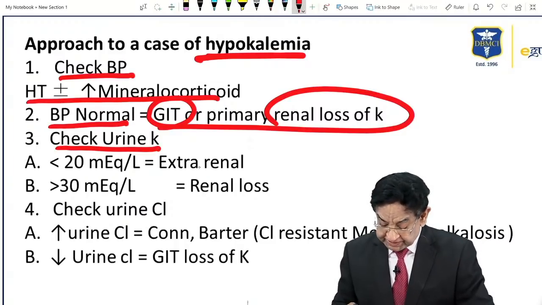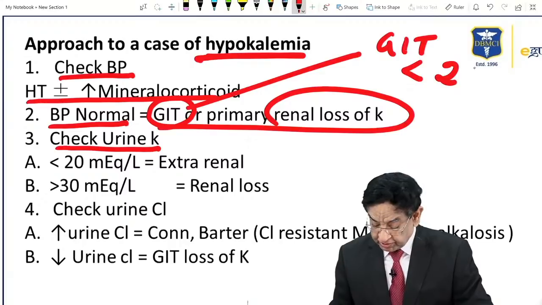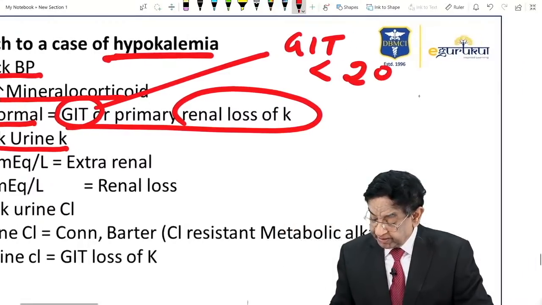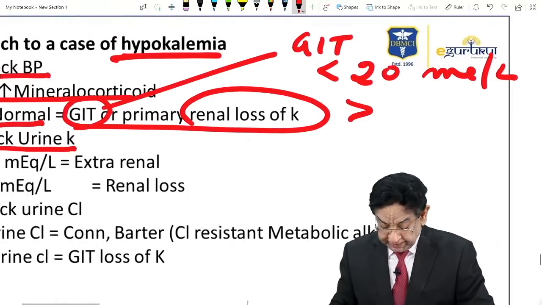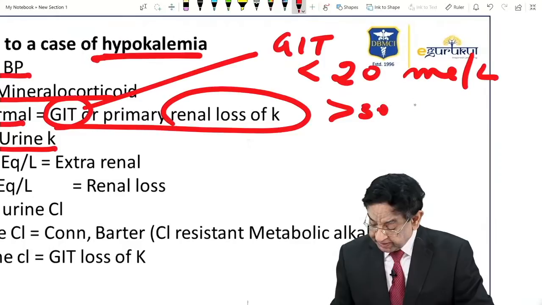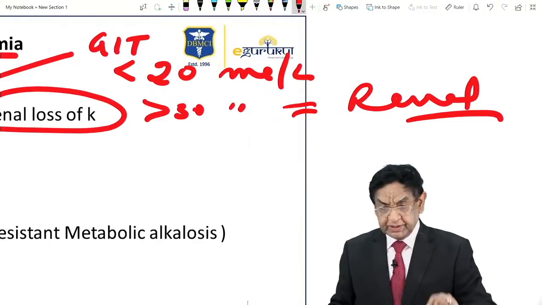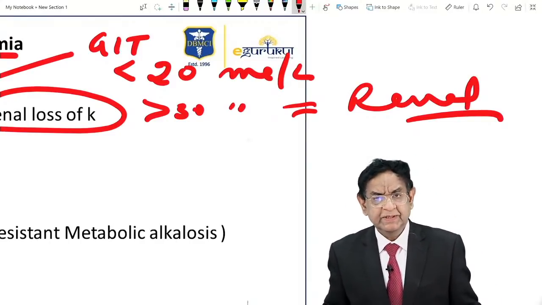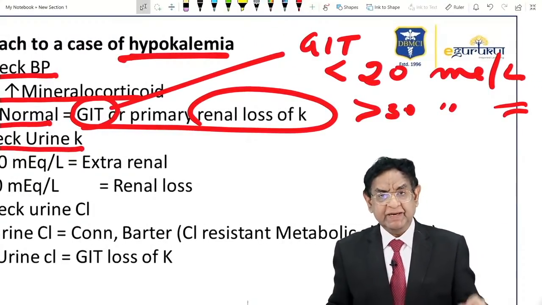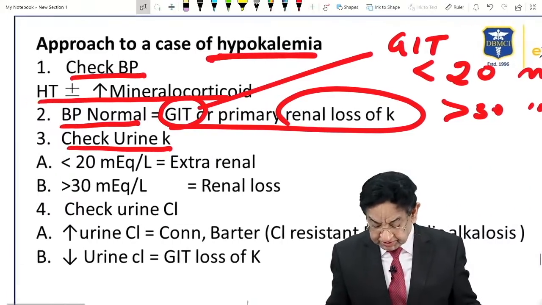If it is due to a GIT cause, then urine potassium will be less than 20 milliequivalent per liter. But if it is more than 30 milliequivalent per liter, this is a renal loss. So friends, normal BP, potassium low, check the urine potassium. Less than 20 is GIT loss, more than 30 is kidney loss.